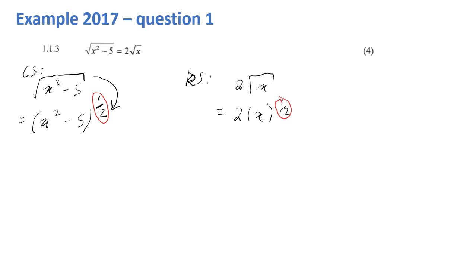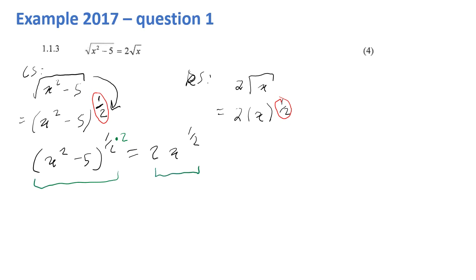So let's do that. Well, I've got x squared minus 5 to the power of a half over here. And that equals 2x to the power of a half. While applying the exponent rules, I have to multiply this power by 2. What I do on the left-hand side, I also have to do on the right-hand side. So I multiply it by 2. These cancel out, therefore.